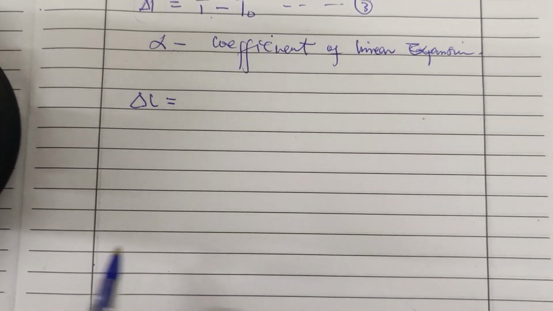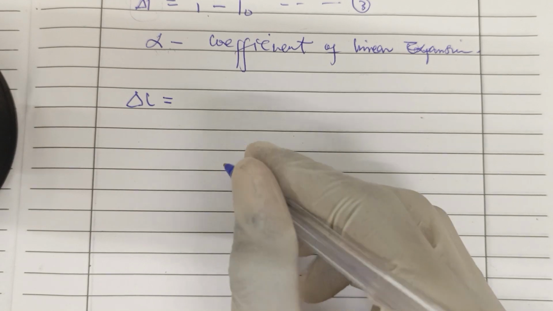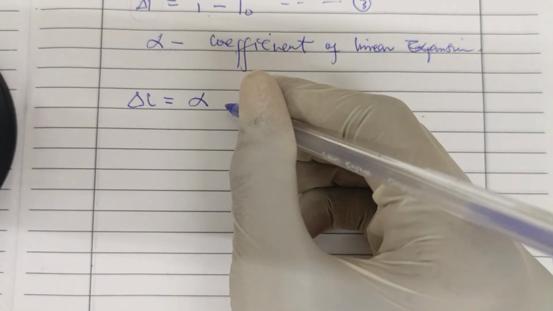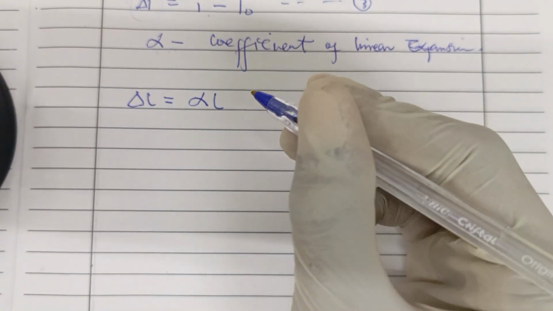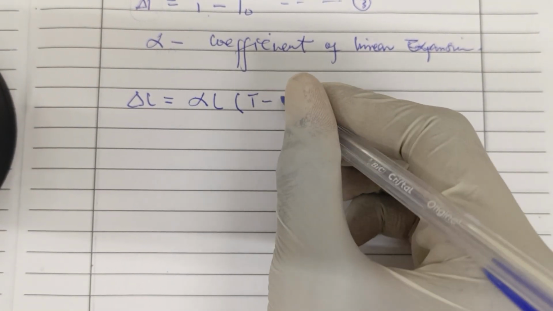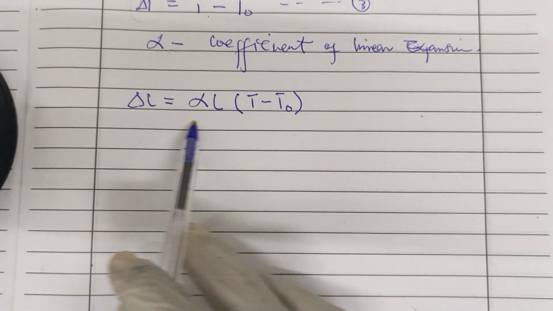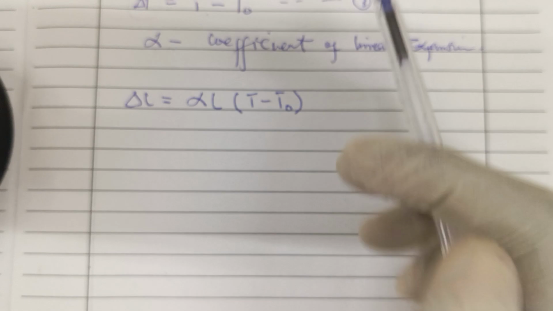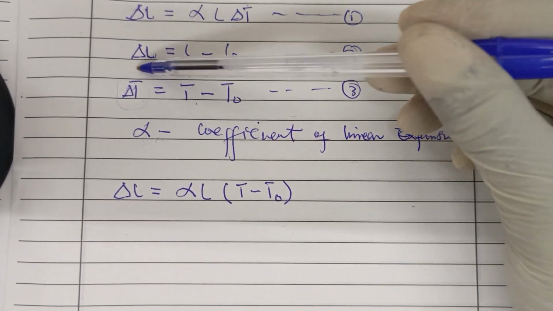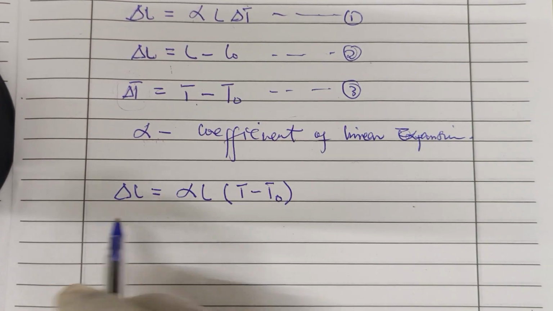Substituting equation 3 into equation 1, we arrive at the coefficient of linear expansion multiplied by the length, and we put the temperature into brackets. So anywhere we see this, we replace it, and then we get this equation.